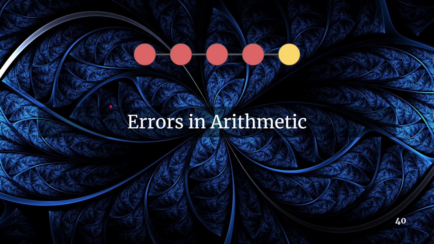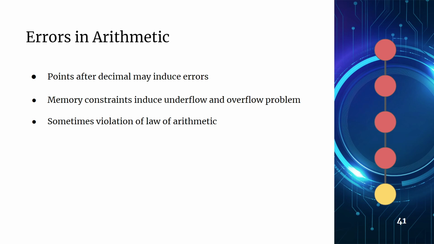Next topic is error in arithmetic. One thing we must remember is that points after the decimal may induce errors. That is, suppose after an experiment the result is 1.229164523.